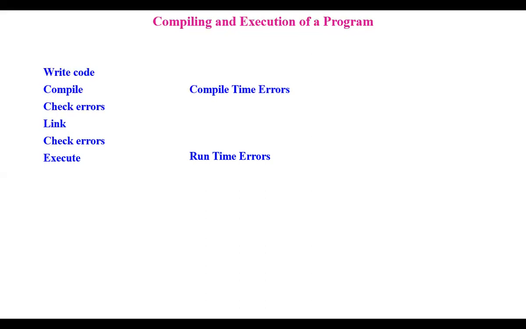Then it cannot execute the multiplication or addition or whatever calculation you want. These sorts of errors crop up at the time of runtime, so they are called runtime errors. That's how the program is executed.